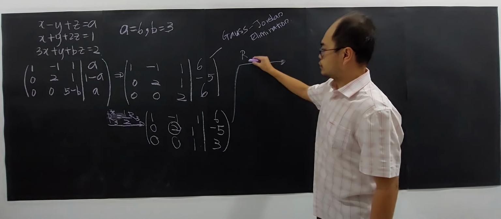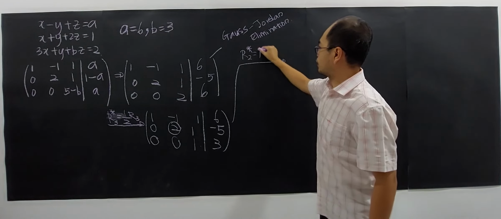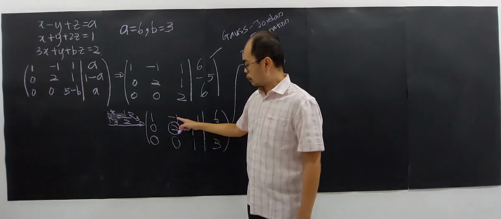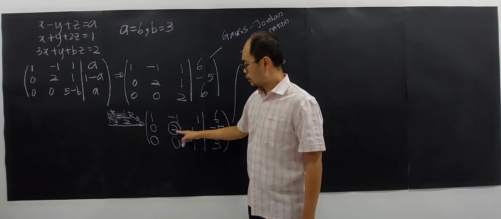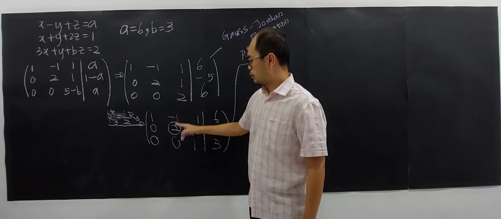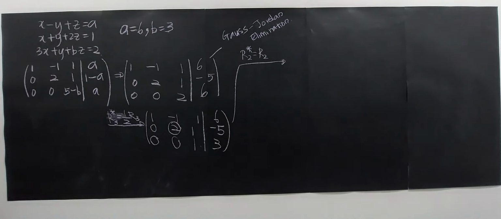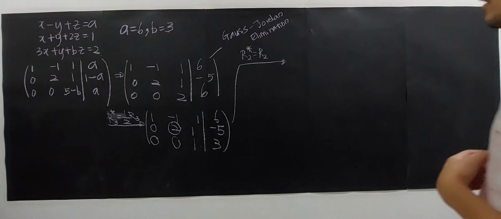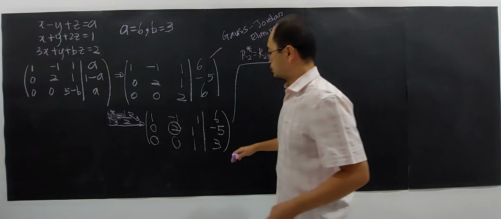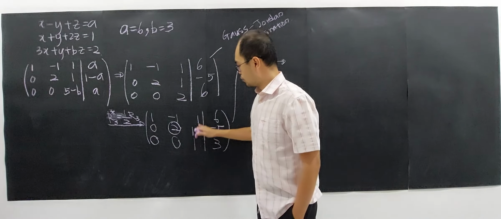So what I do is I take row 2 and modify it. Because if you take this number plus this number, for example, I'm taking the second row minus the first row, so that this 2 will become 0 first.